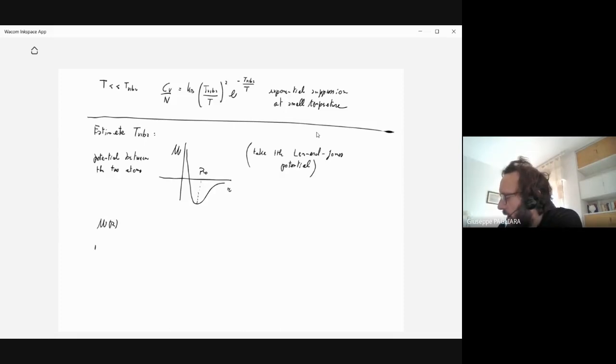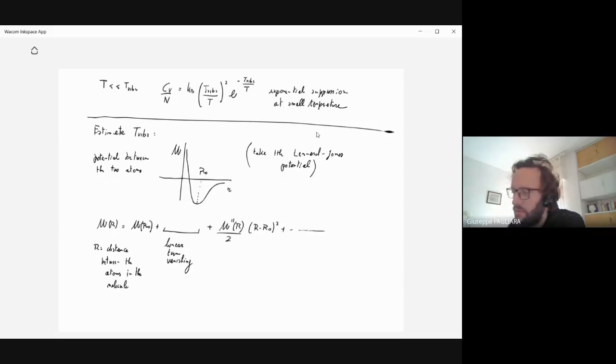U of R, where R is the distance between the atoms within the molecule, and this function U of R can be expanded around the minimum, which is U of R0, plus a linear term which is vanishing, then plus the second derivative of U with respect to R divided by 2, times R minus R0 to the power of 2, plus other terms.